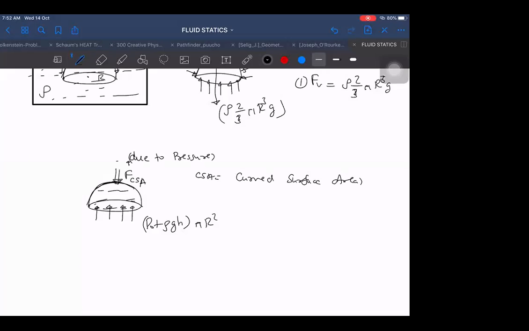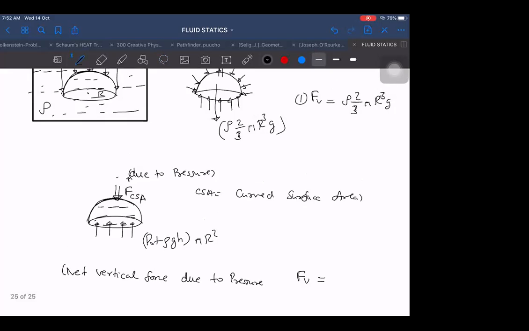But we also know the net vertical force due to pressure, F_V. Obviously, the net vertical force is upwards, because from the bottom the force will be more, from above the force will be less.